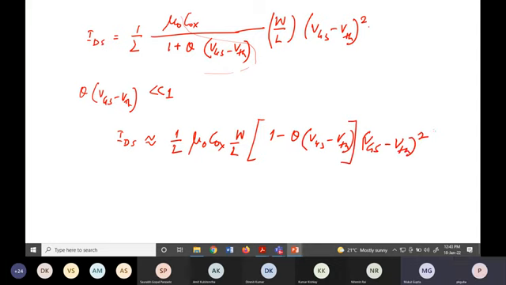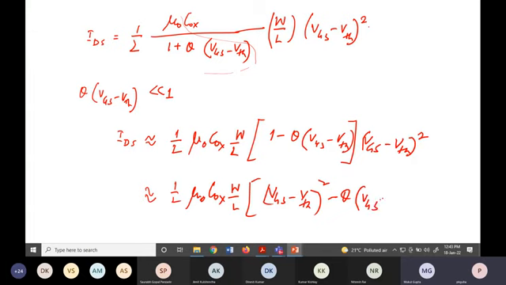So in case of MOSFET, it follows the square law in the IV characteristic. If you apply a sine wave at the gate, you will get even harmonics. But due to this mobility degradation, you now start getting odd harmonics also.